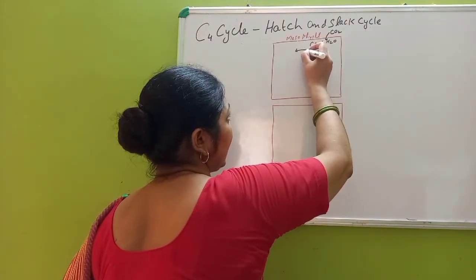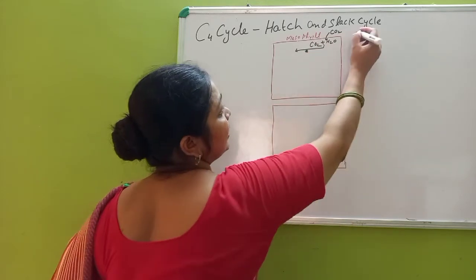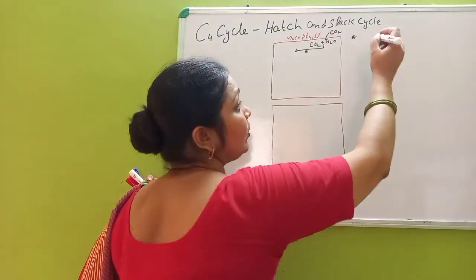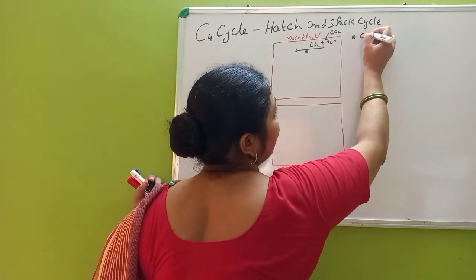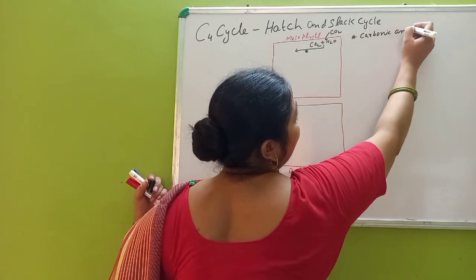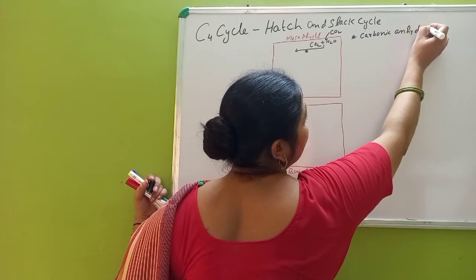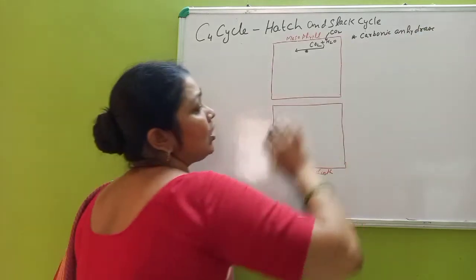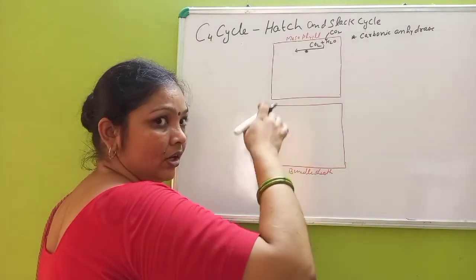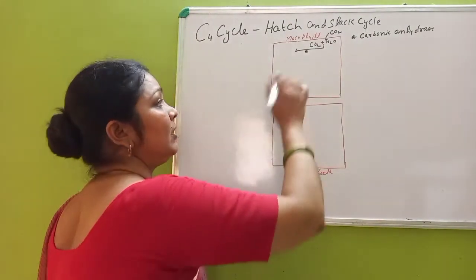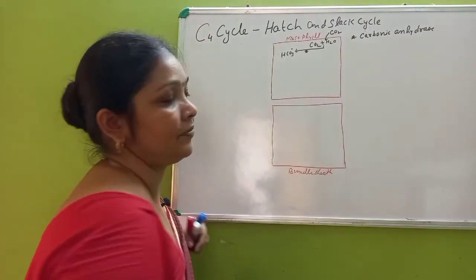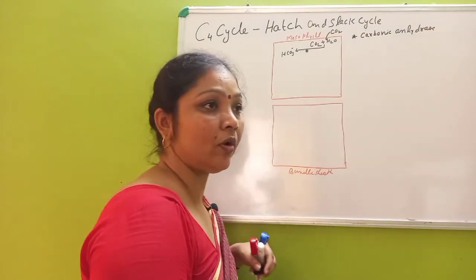I am making an asterisk here, and the enzyme that is helping in that is carbonic anhydrase. So carbonic anhydrase will help in a process, and ultimately HCO3 is formed.